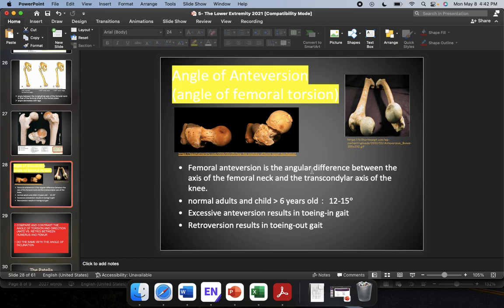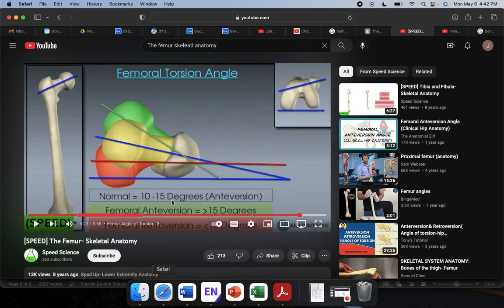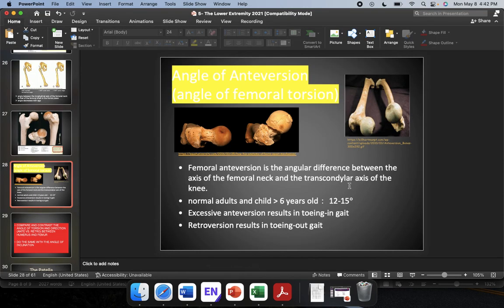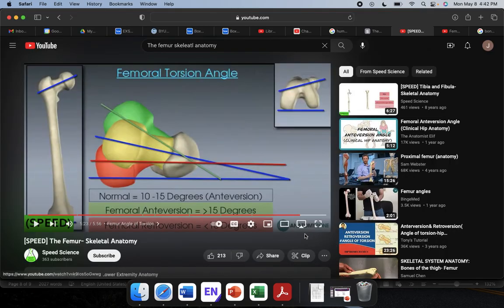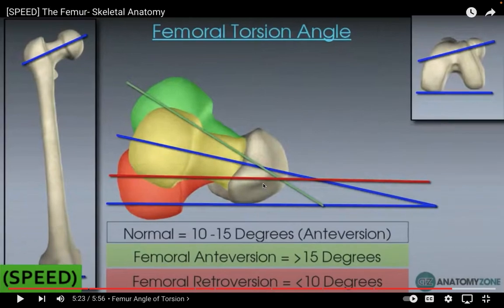So our typical femoral anteversion is anywhere between 12 to 15 degrees. I wanted to show you this slide. You'll see here they have 10 to 15, so probably just a little bit of a different source, but really 10 to 15 is going to be a very normal angle of anteversion. As I come back here to this slide, I just wanted to show you guys. If we have an angle that is increasing anteriorly, it's getting larger, so greater than 15 degrees, this will be considered excessive anteversion.